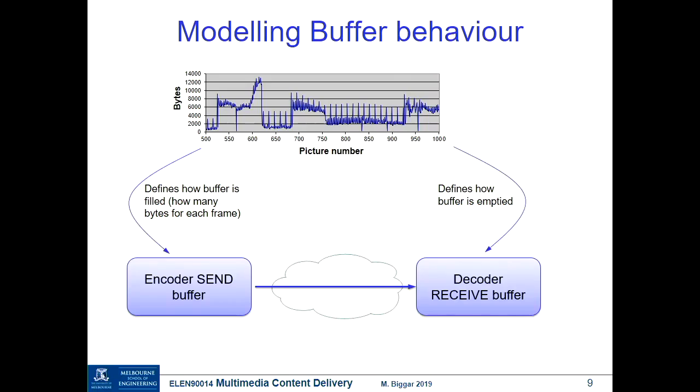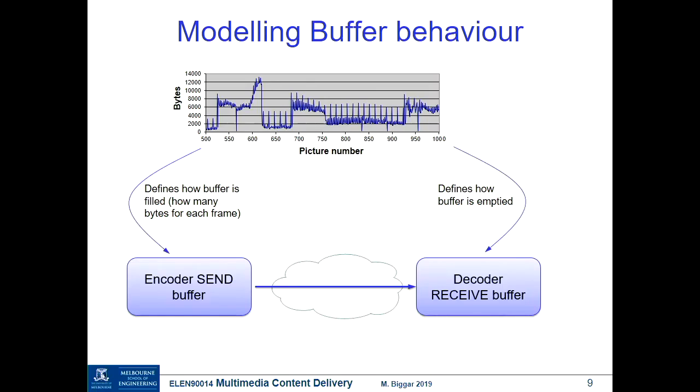And so we can look at the behavior of these buffers, because this plot, or the data that it represents, tells us for each frame how many bytes go into the sending buffer, and at the corresponding time how many bytes are emptied out of that buffer, okay, to describe the frame in both cases.